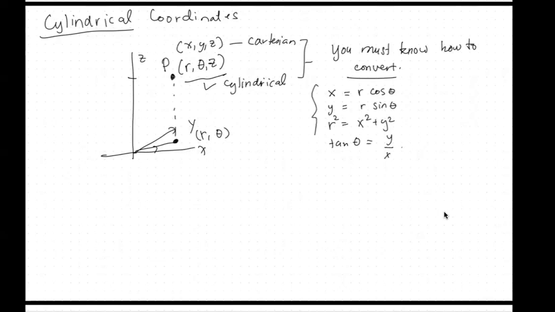So this is our conversion. And of course, with this conversion, we have the following common surface equations in cylindrical.